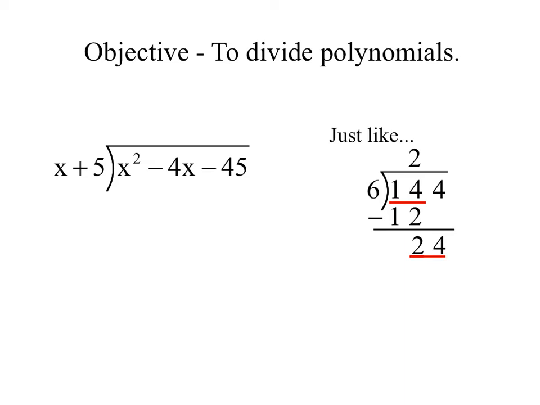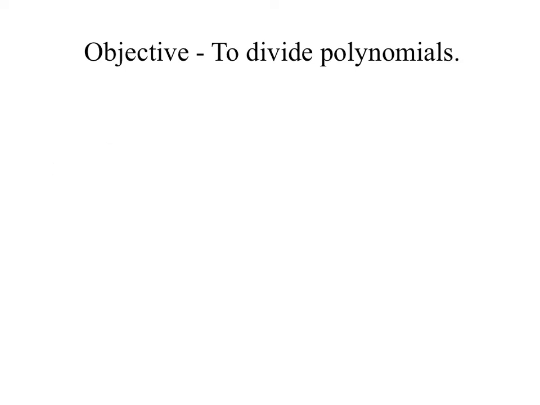So 6 goes into 24 4 times. And so now what I do is I subtract that entire 24 and I'm left with no remainder. So I'm basically going to do the same thing when I'm dividing polynomials.